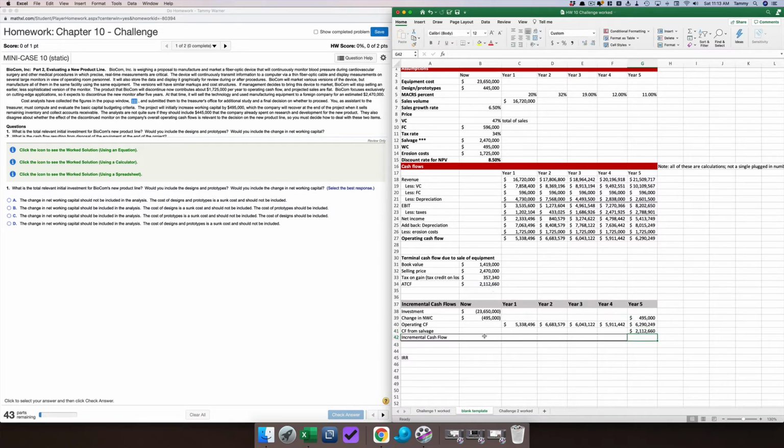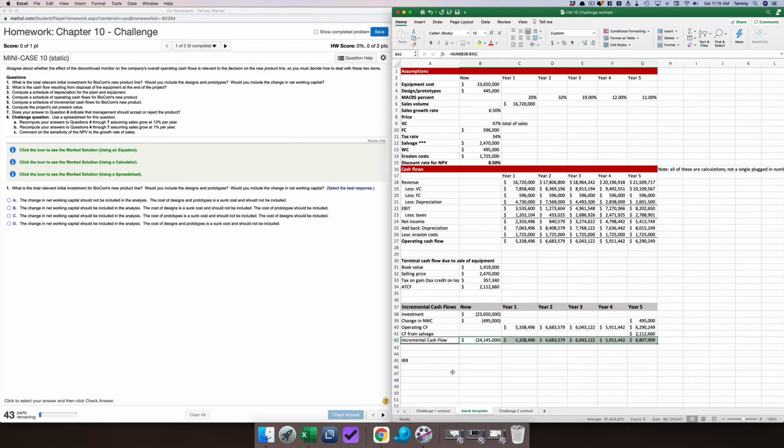So our incremental cash flow, therefore, is going to be the sum of this whole column here. Let's see how we do. Okay, so this is the correct answer, but it's not going to give you the right values in Pearson, right? Because Pearson has an error.